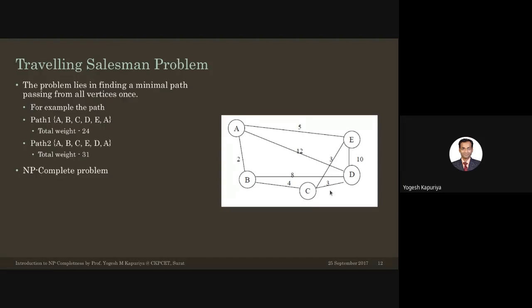So at least you should pass through that vertex once. You start with some point, you can pass through that vertex at least once, and your resultant path length should be minimum. That is the problem statement.